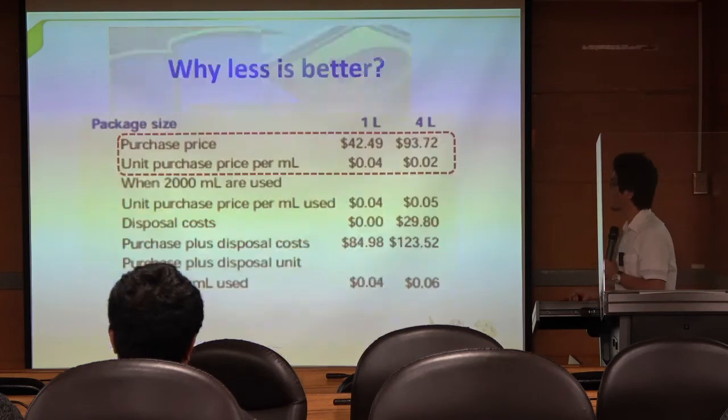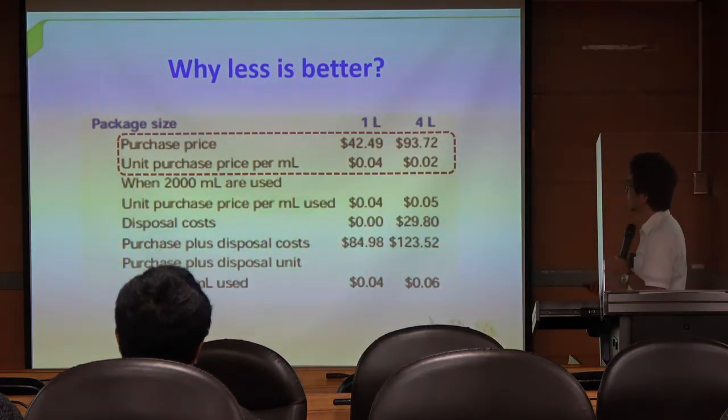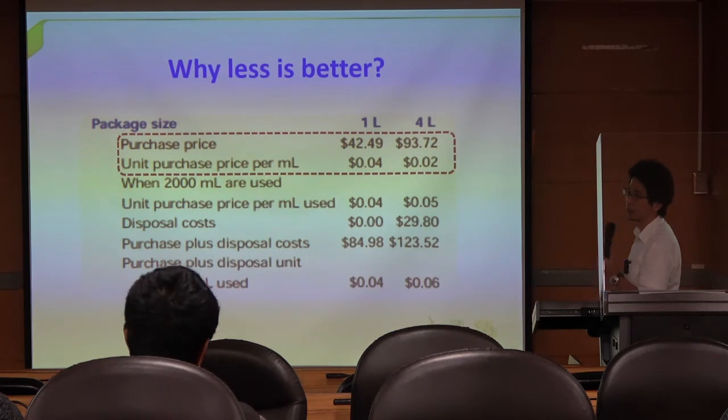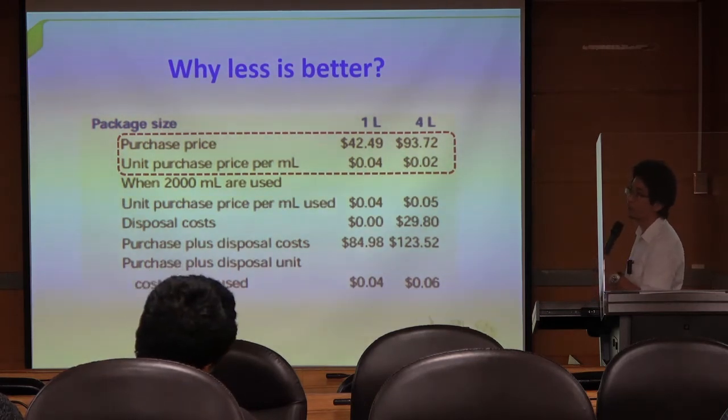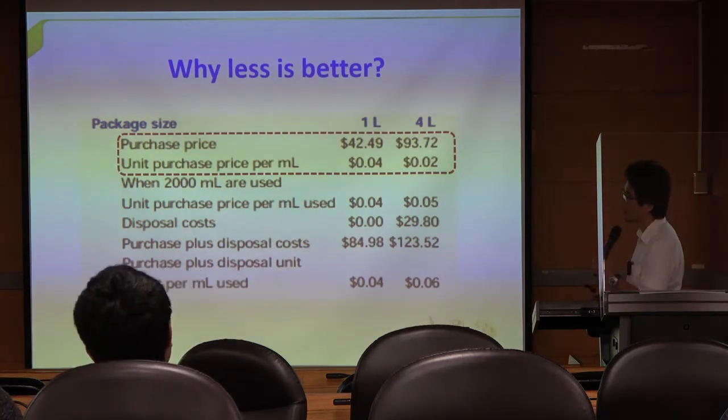Okay. So "less is better" is a concept for reagents. Why? You can see the cost here. If you buy 1 liter, the purchase price is very expensive, you think. Like when you buy at Costco, they tell you that a 4-gallon milk is cheaper compared with 1 liter of milk.